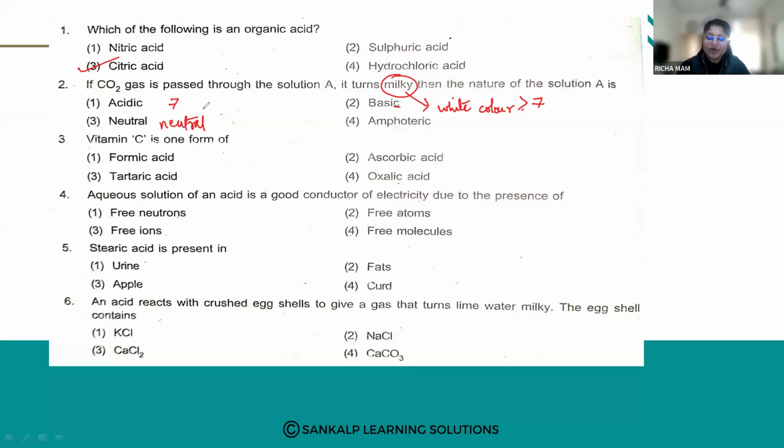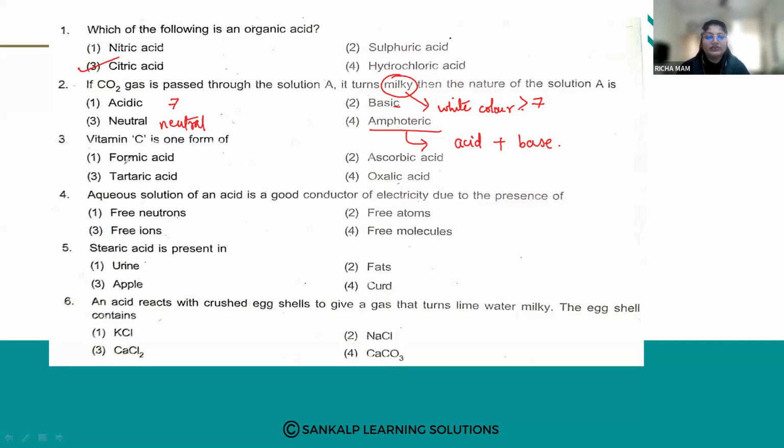What do you mean by amphoteric, students? Anybody? Amphoteric substances are those which are able to react with both acid as well as base.